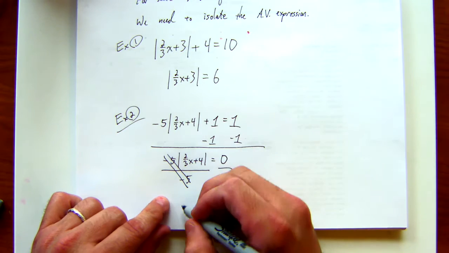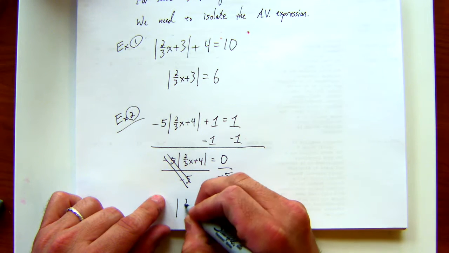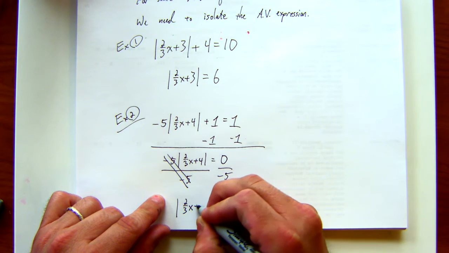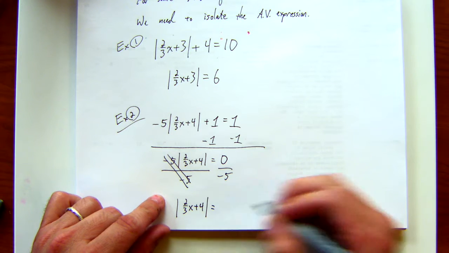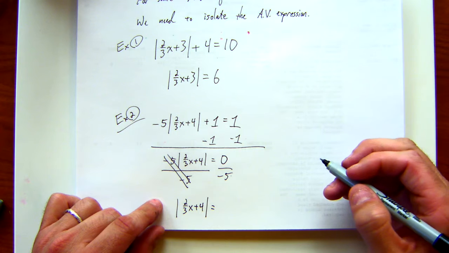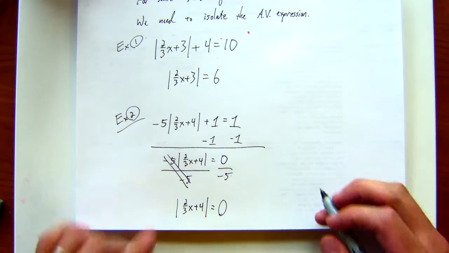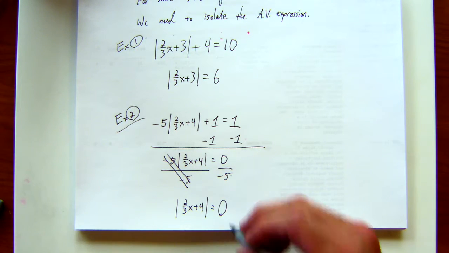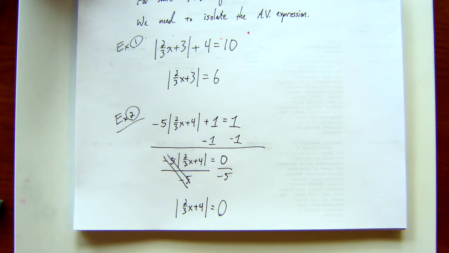So what have I got left on the left-hand side? 2/3 x plus 4 is equal to, what is 0 divided by negative 5? Just 0. And now we can solve this. It's actually easier than the rest. Why?